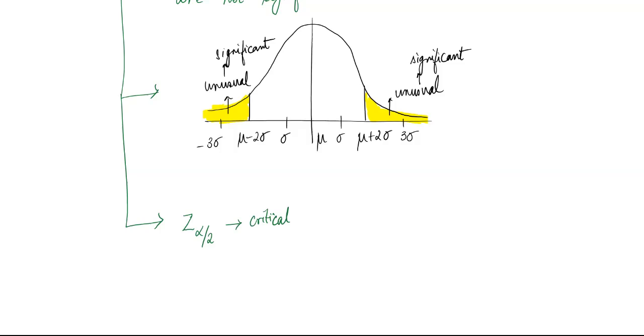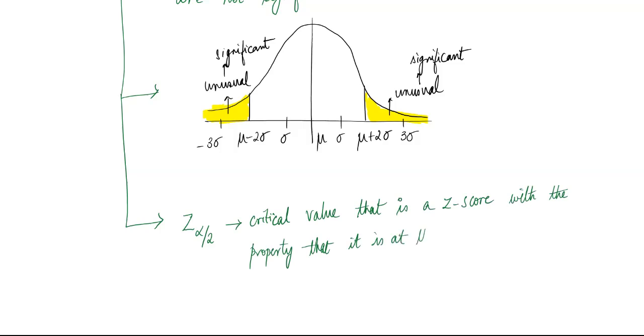So Z alpha over 2 is the critical value, a Z score with the property that it is at the border that separates alpha over 2 in the right tail.